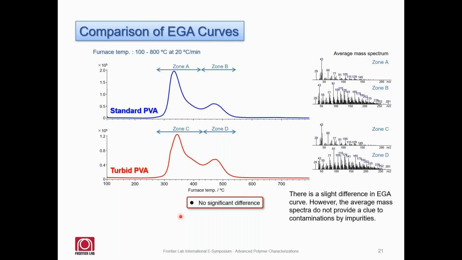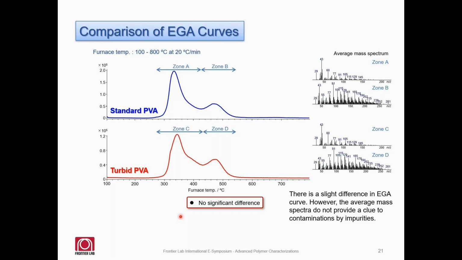What we have seen is that in the standard and the turbid PVA, the thermogram is showing a very slight difference in the EGA curve, whereas the average mass spectra do not provide much clue about what is causing these impurities. So only with the evidence of EGA we cannot conclude anything, but we can address the problem in a particular direction.